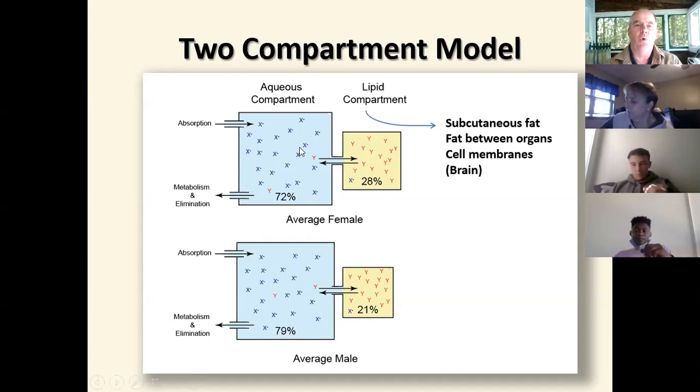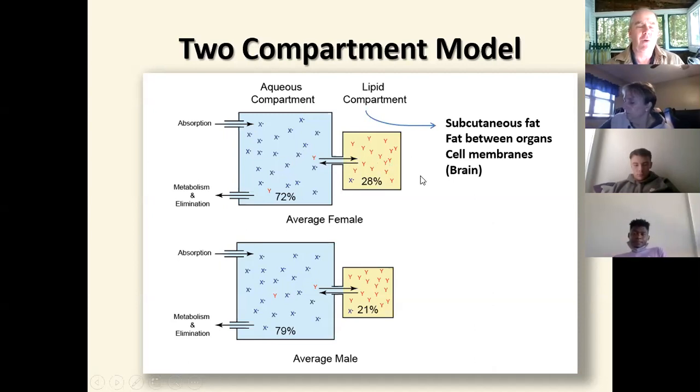It's going to start out in your water compartment. As it gets distributed around the body, if it's more soluble in fat than water, it's going to distribute itself into the fatty compartment. And then it's an equilibrium system. So it's not like it's just going to go there and stay, but it'll go there and slowly come out. So it'll come in and out and in and out.